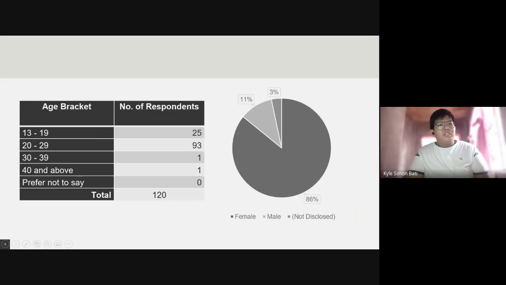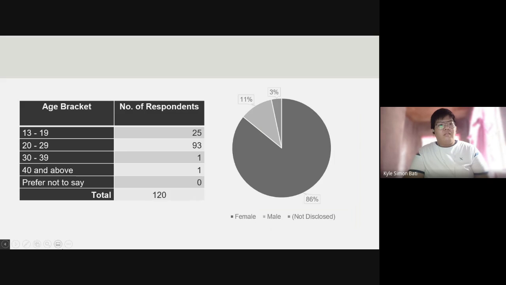The respondents are divided into four groups: 13 to 19 years old, 20 to 29 years old, 30 to 39 years old, and 40 years old and older, with the option of prefer not to say. Among the 93 respondents, the representative sample is dominated by those between the ages of 20 and 29.